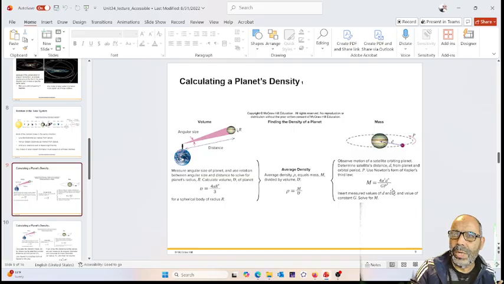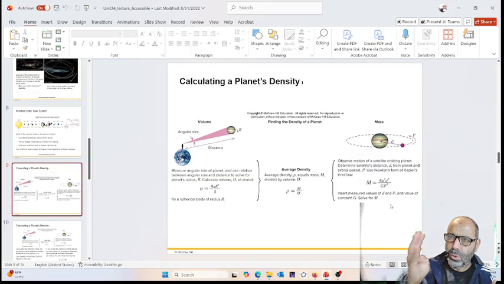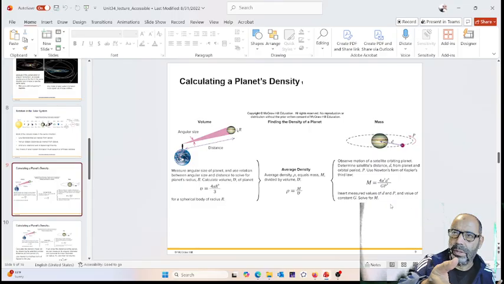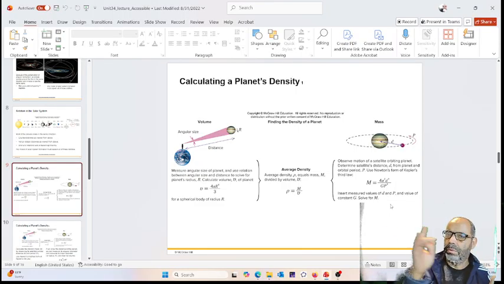By the way, for those taking the lab, this is a lab. In the lab, we observe the 4 moons of Jupiter over an extended period of time and determine their distance in terms of the size of Jupiter, and then determine their period, how long it takes for them to go back and forth with respect to Jupiter.